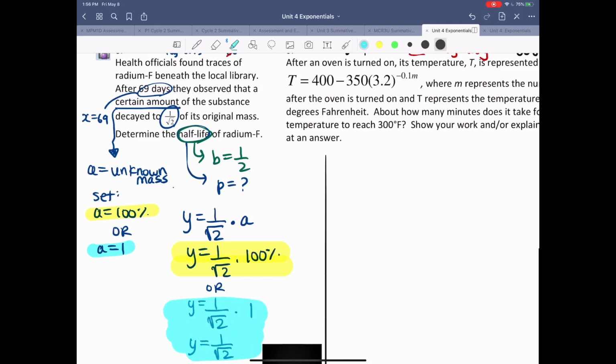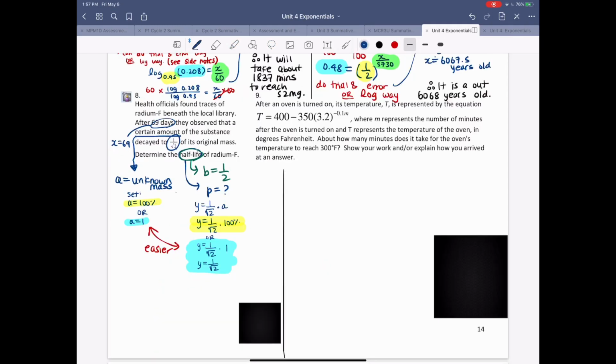As long as you're paying attention to the units and you know at the end of the day what you're saying it in terms of, like percent, or 1 gram, you're making your own unit so that it works. Between the two, the blue highlight looks a lot easier in this case. And so we're going to stick with that. And at the end of all this, I want to find out how long it takes to get to half-life.